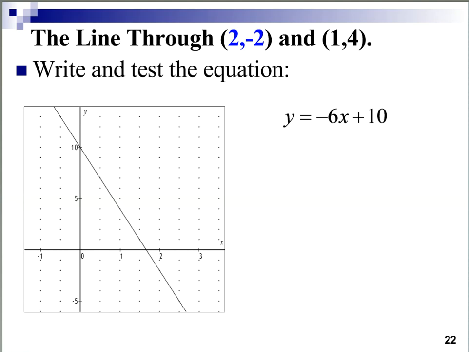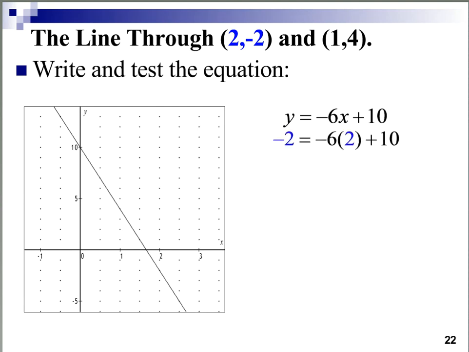And so we're going to test whether or not that equation actually works. Now because we used the point 1, comma 4 to create the equation, we're going to use the other point, 2, comma negative 2, to make sure the equation works correctly. And the way we do this is we substitute the value x equals 2 and y equals negative 2 into this equation to make sure that the result is actually a true statement.